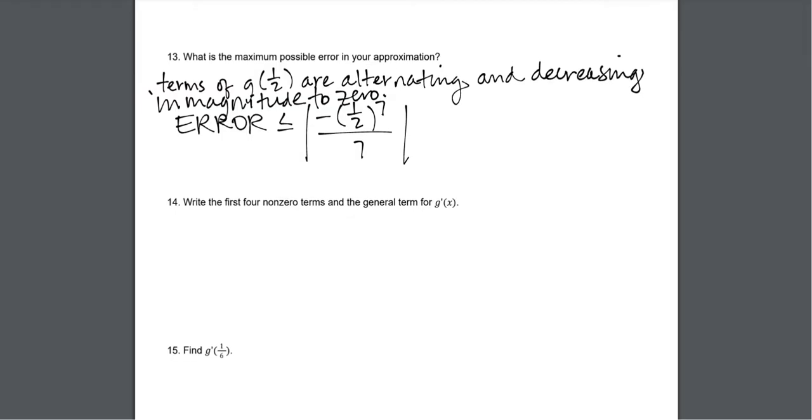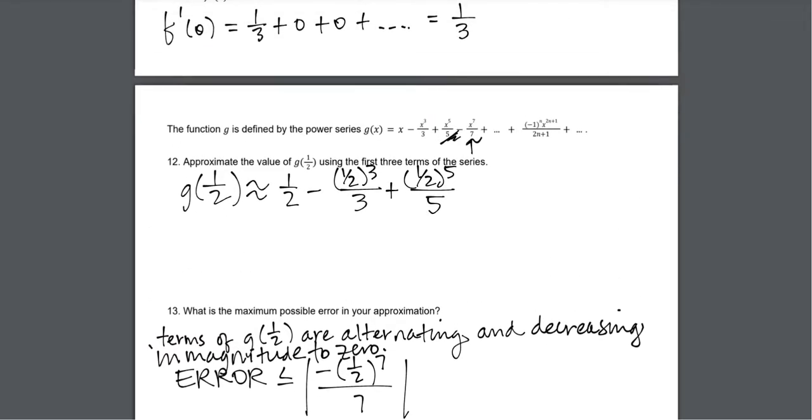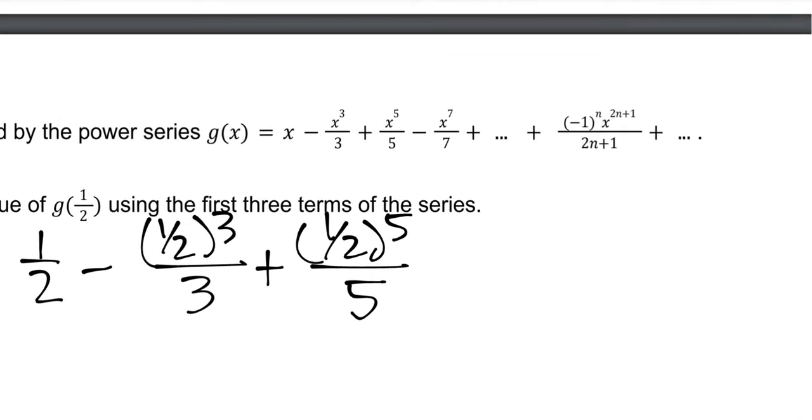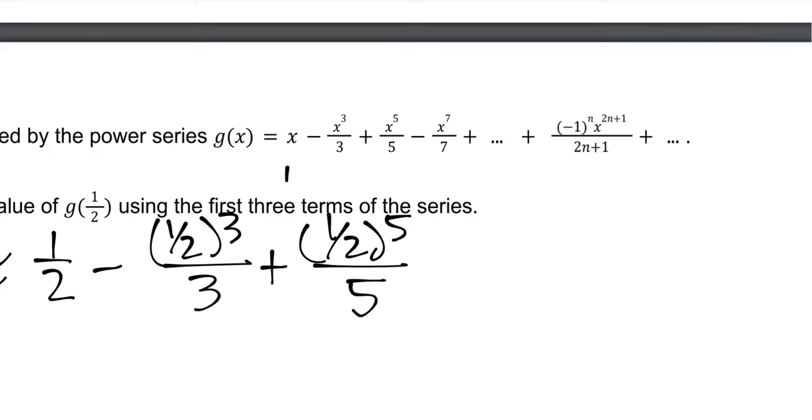Now we're going to write the first 4 non-zero terms and the general term for g prime of x, just like we did before. I might just say, all right, the derivative is going to be 1 minus 3 over 3. Nice. That cancels. And then that's going to happen every time. Plus dot, dot, dot. The series is still alternating, so I shouldn't be surprised that I've got a -1 to the n.